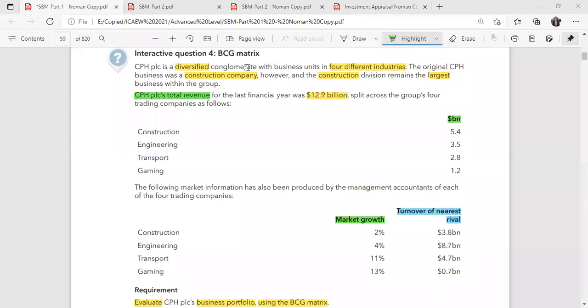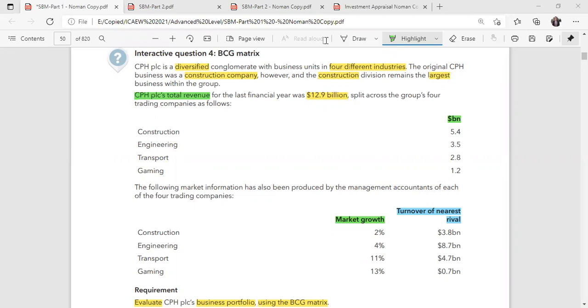Okay, we can start our discussion. What do you think for star, question mark, cash cow, and dog? I'm not sure if I get it right, but I'll try.